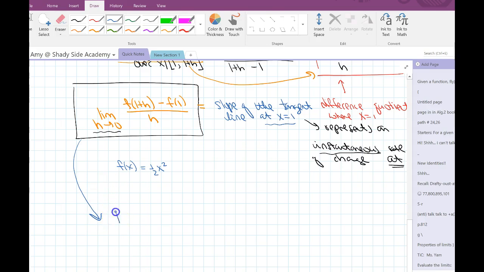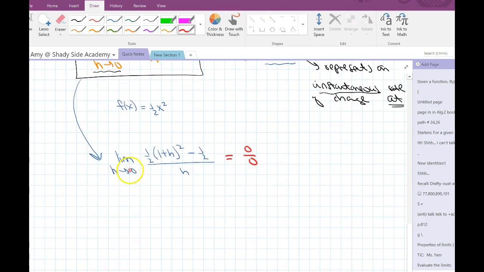This becomes the limit as h approaches 0 of f of 1 plus h, 1/2 (1 plus h) squared, minus f of 1, which is 1/2, all over h, and I definitely know and expect it's going to be 0 over 0.